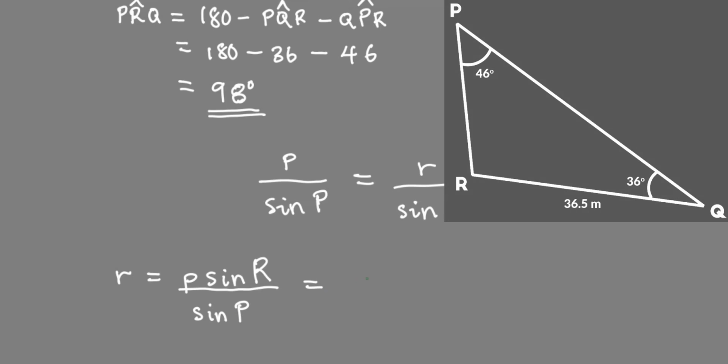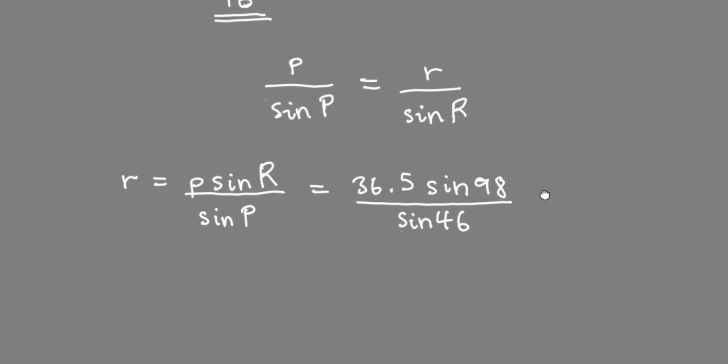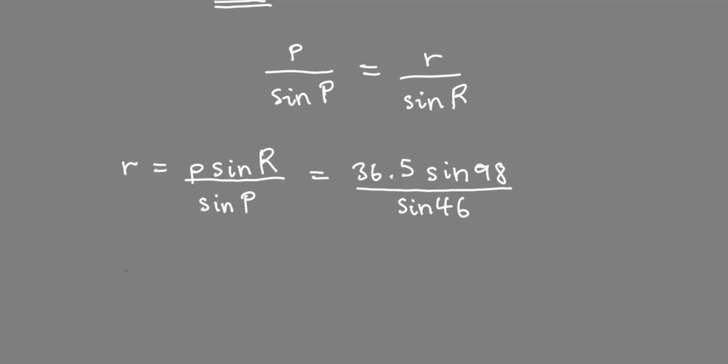And we can continue. We've got the distance p, which is 36.5. We've got the angle at r, which we just calculated as 98. And we've got the angle at p, which is 46, so it's going to be sine 46. Therefore, r is going to be the value of this after we punch it on the calculator.